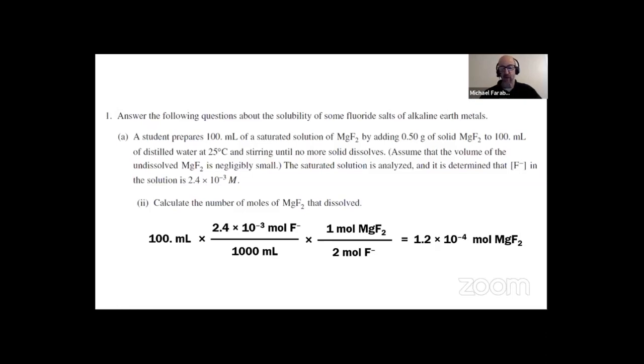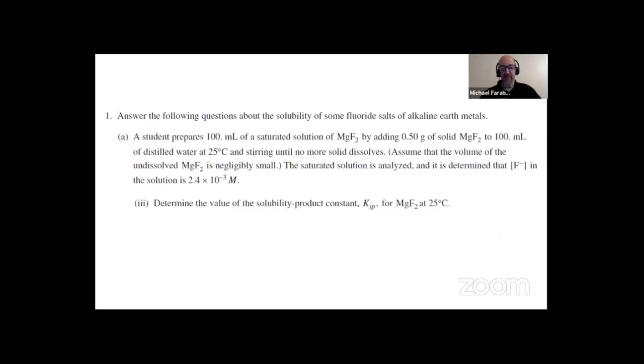Now, for the next part of this question, they want us to calculate the value of the KSP. So the KSP would be the concentration of the magnesium times the concentration of the fluoride squared. Remember that the concentration of magnesium is not 2.4 times 10 to the minus 3, but rather half as much.